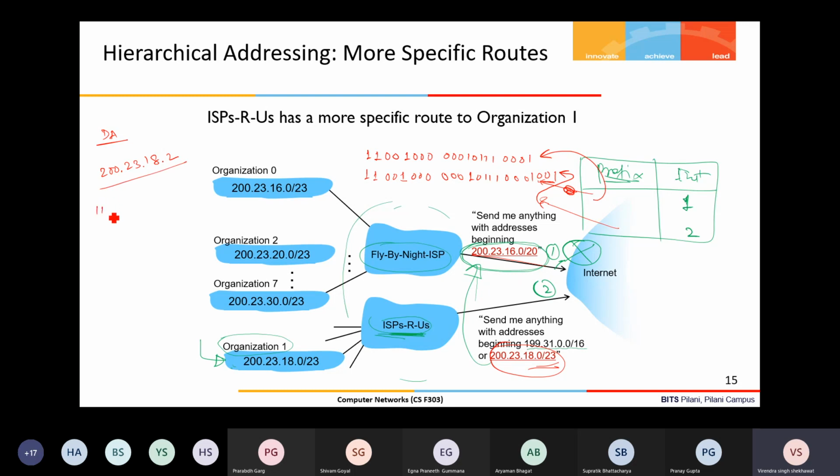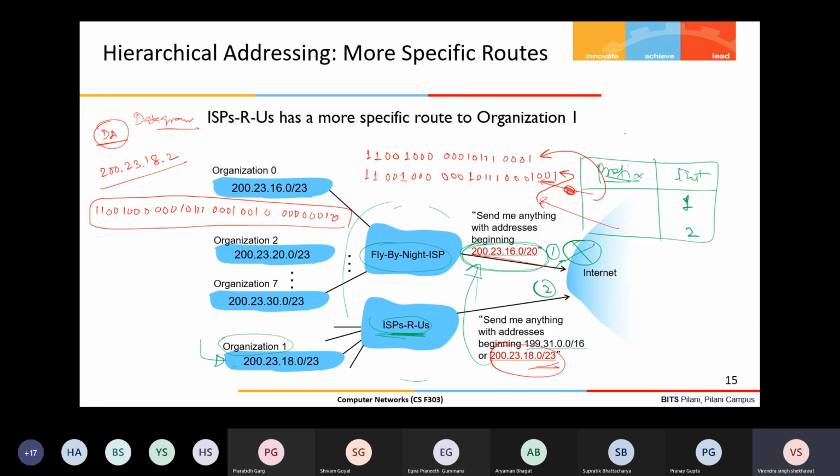The binary address will be 200 is 11001000, 23 is 00010111, 18 is 00010010, and the last octet is 2, so 00000010. This is the binary form of the destination address of the datagram which has arrived at this router.